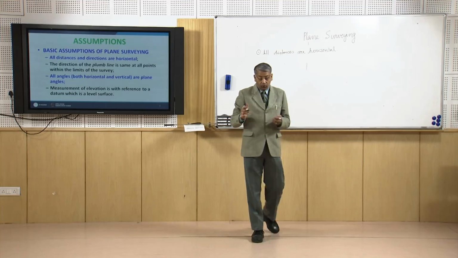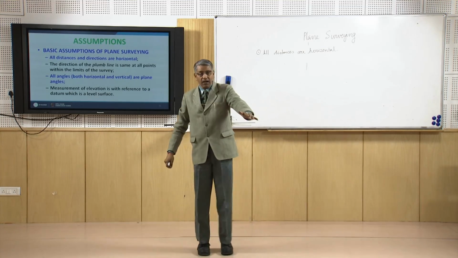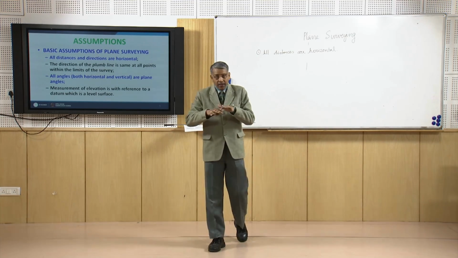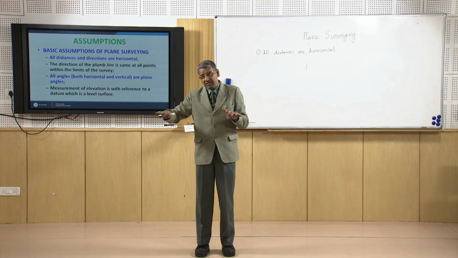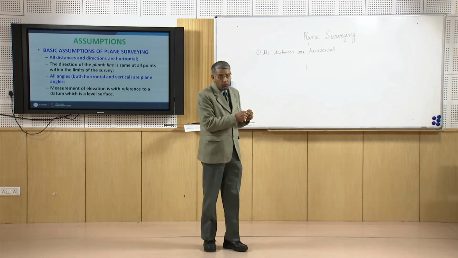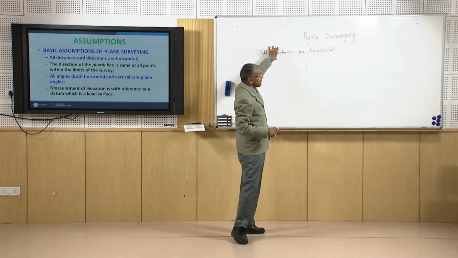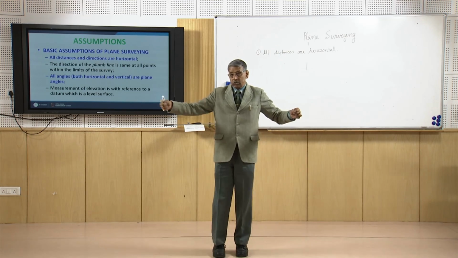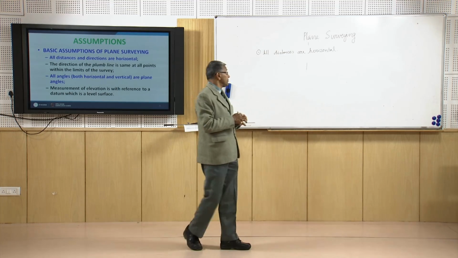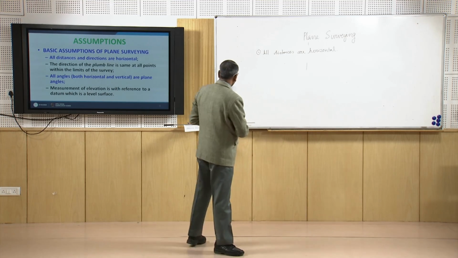If you imagine the surface of the earth, you can see that there are always some turbulences; it is not plane. But whenever we talk about distances, it is the horizontal distance. So that conversion we have to visualize during our surveying work.